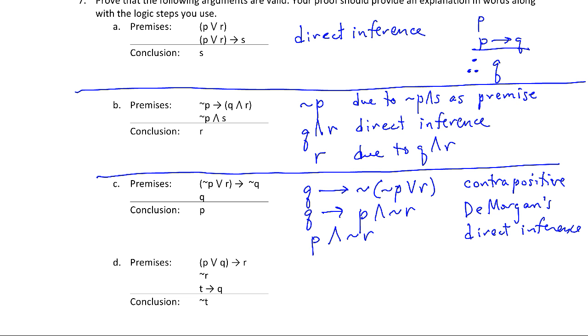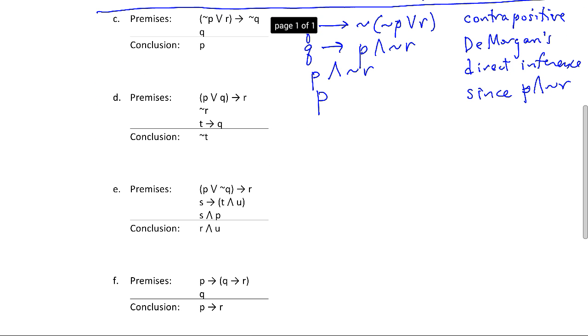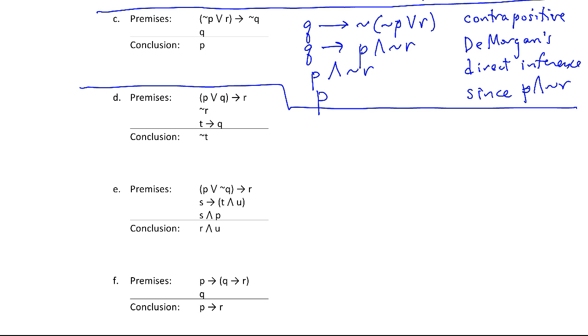Finally, from P and not R, I can conclude P, much as I did in part B. I'll just say since P and not R, because I don't remember the name of that rule. And you don't have to either. It's more important to remember these things and be able to use them than to remember their names. I feel that is the case. So that does it.